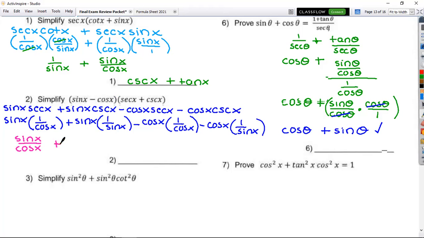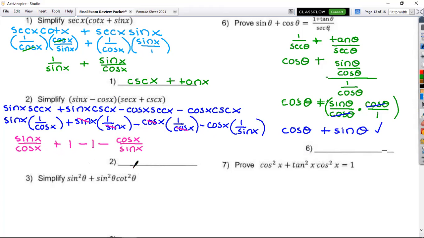Next, though, what happens with the sines? Yeah, good, it becomes 1. And then what happens with the cosines? Yep, -1. And then next I am going to have minus, and then I have cos of x over sine of x. All right, so obviously the middle part just goes away for you. So those you can cross off.